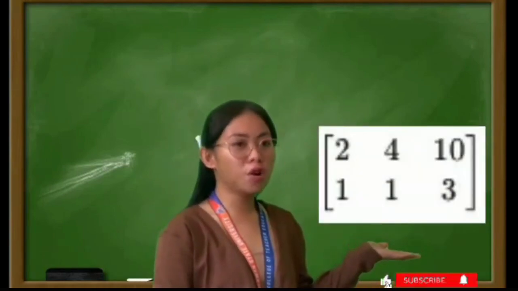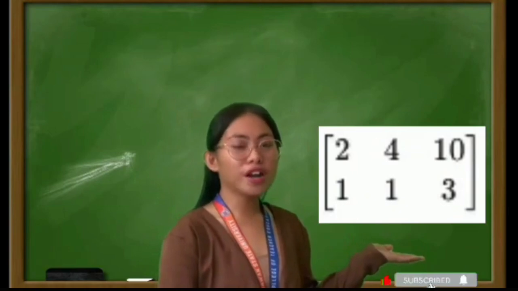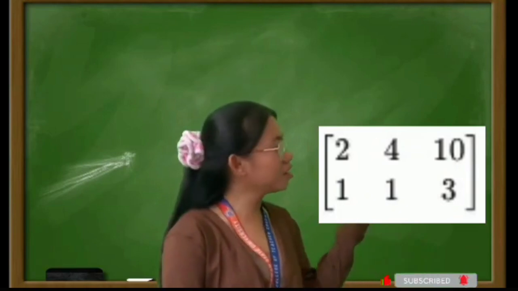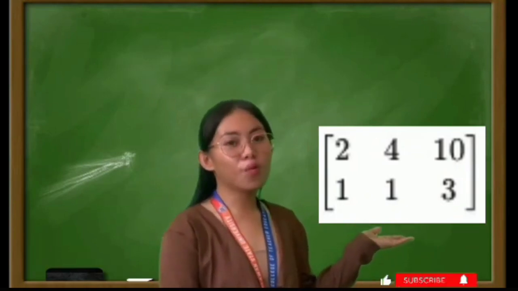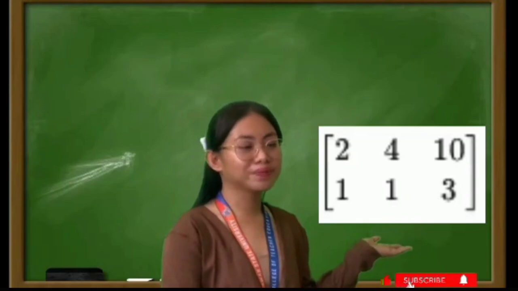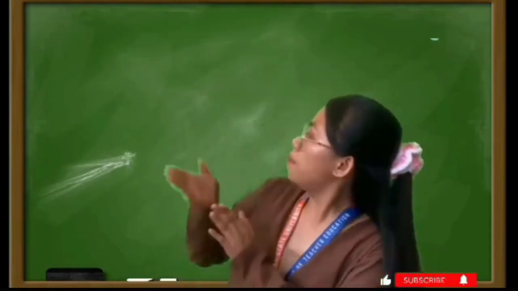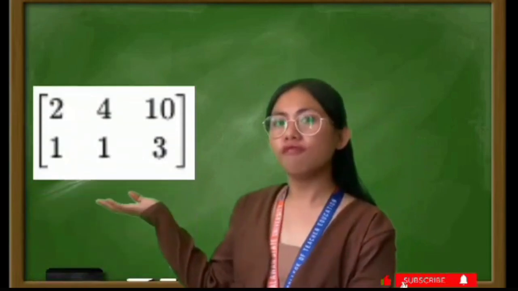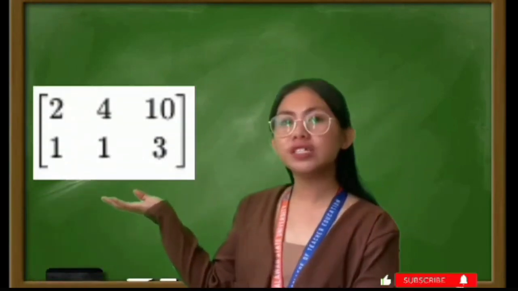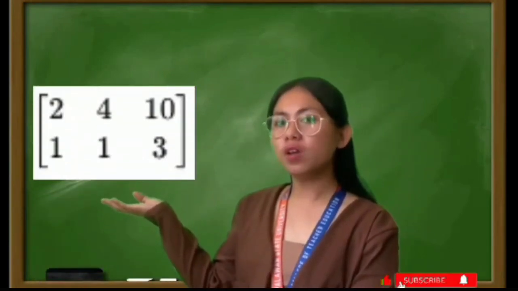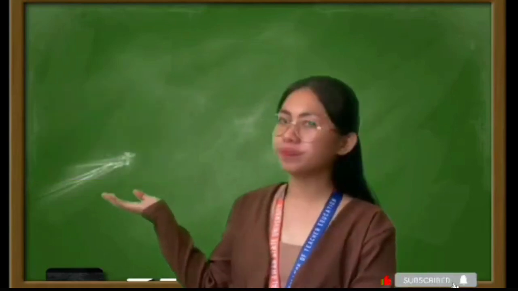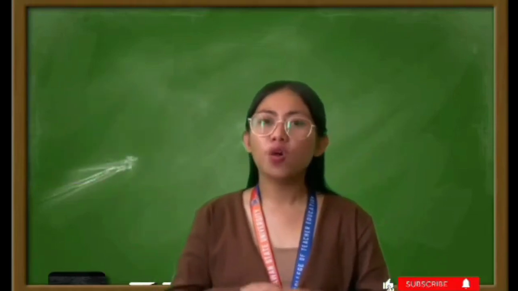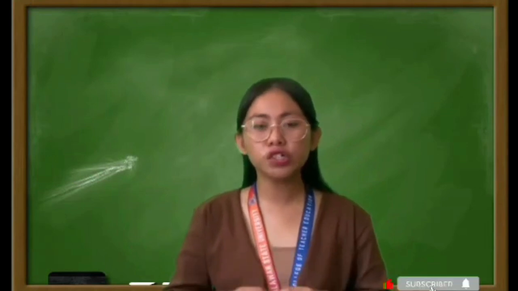We have the first row, 2, 4, and 10. For the second row, we have 1, 1, and 3. Our goal is to reduce this to a simpler form where we can read the solution directly.